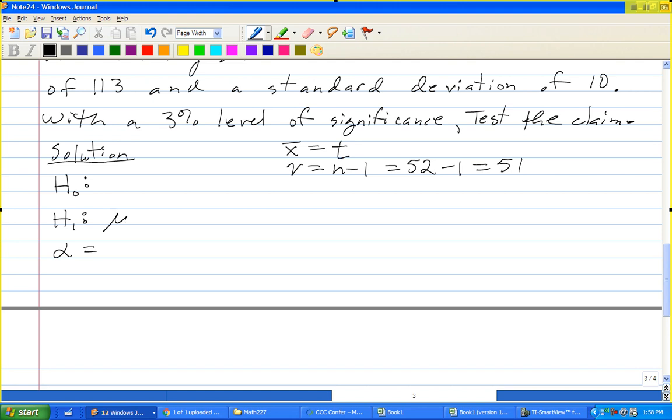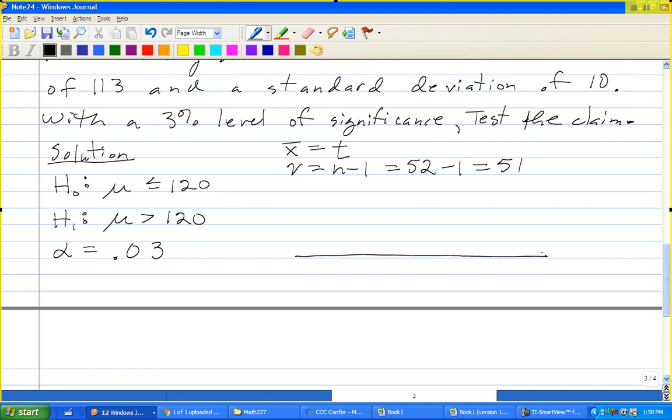Since this does not have an equal sign, my alternative hypothesis is that the population mean is greater than 120. The opposite, less than or equal to 120, is our null hypothesis. The level of significance is 0.03.